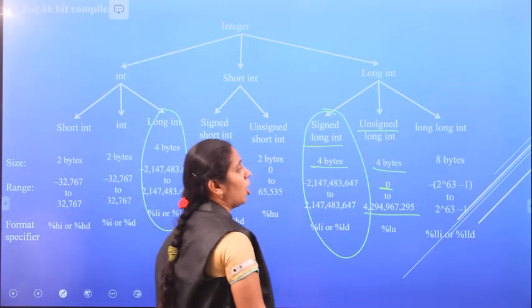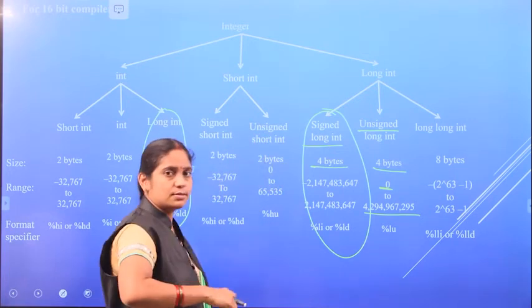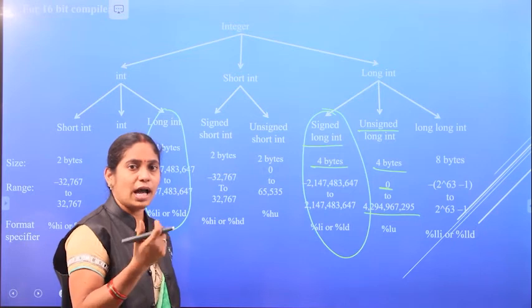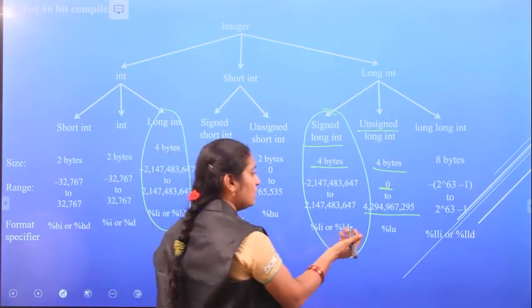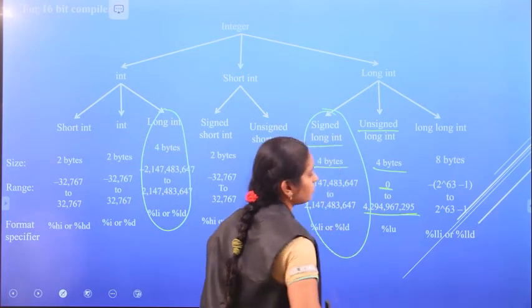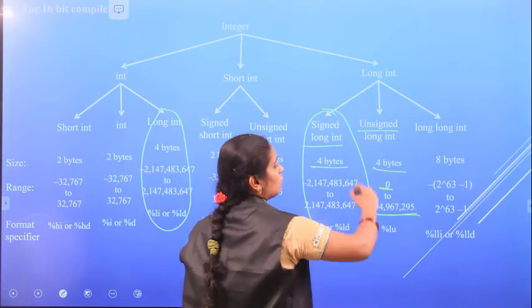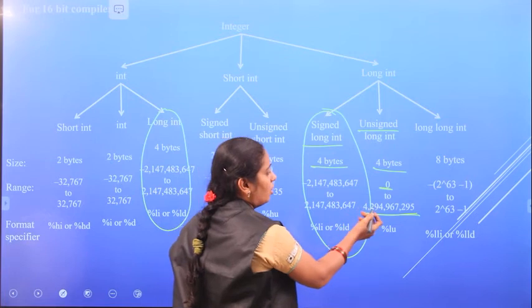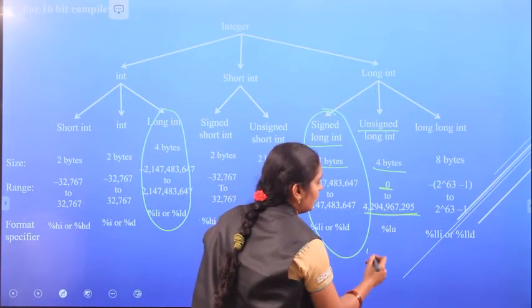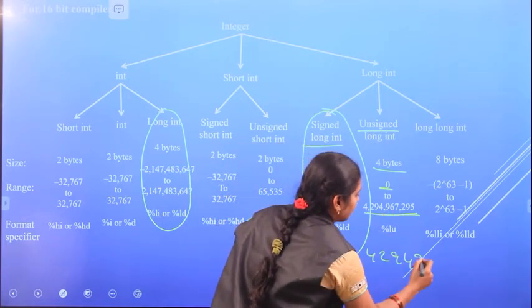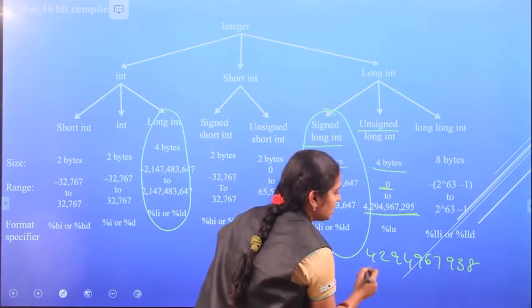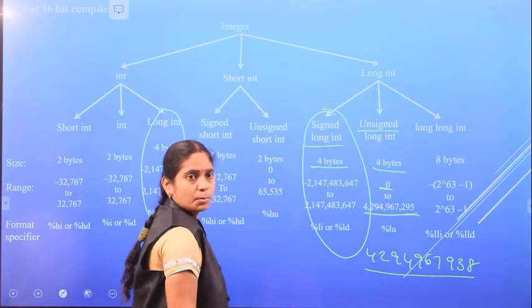And coming to the long int, which takes much memory. If you have a value which is more than this, then this form is not sufficient to store it. Suppose you have the value 4294967938 that you want to store.